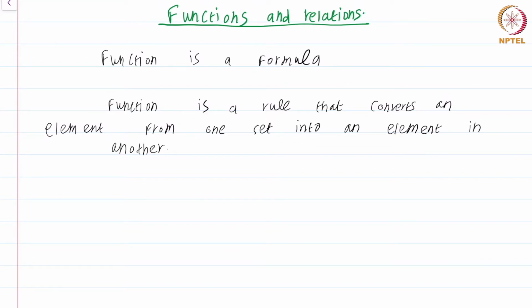So the best way to think of the function is as a rule. One dynamic way to think of it is that a function has an input and it transforms the input into the output. The question is, how do you make this mathematically precise?